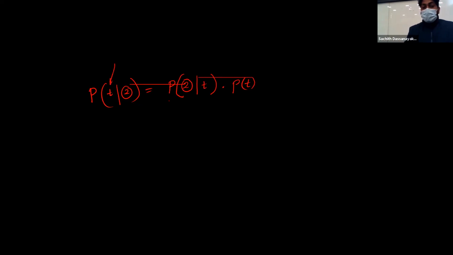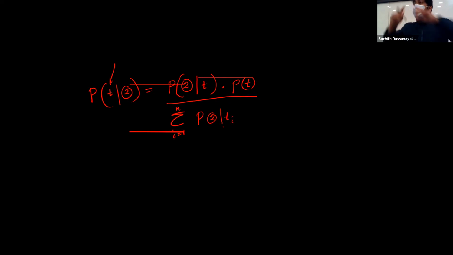Divide by the summation of this part: summation i equals 1 to n, probability of 2 given T i, times P of T i. I can write capital T as well, because my giant event is capital T. This is the way to remember it.